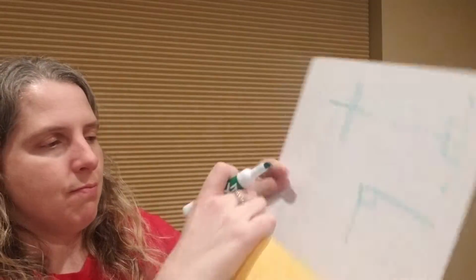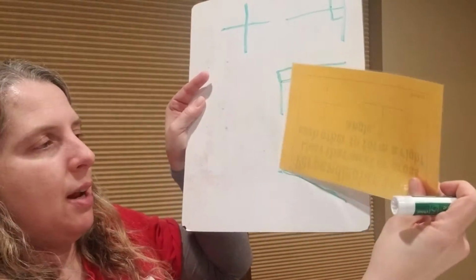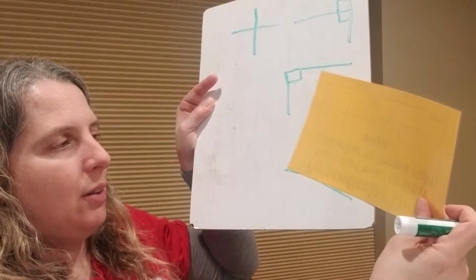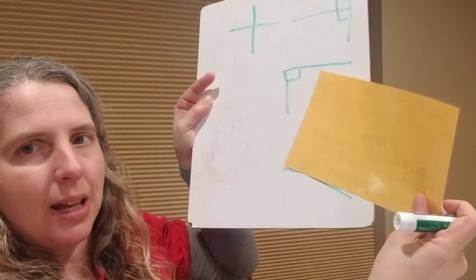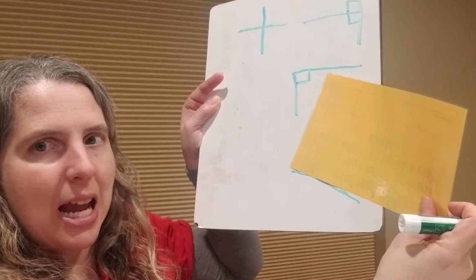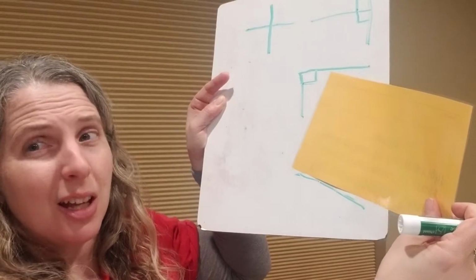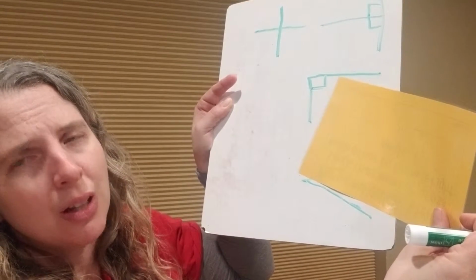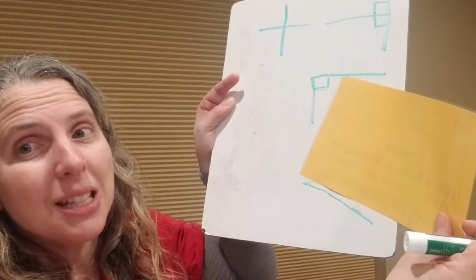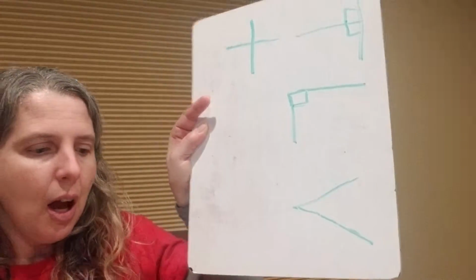If I had it this way, sorry, I put it on that line. Well, the other line is covered up. So what kind of angle is that? It's less than 90 degrees. Like a sweet little baby. It's so cute. It's an acute angle. All right.